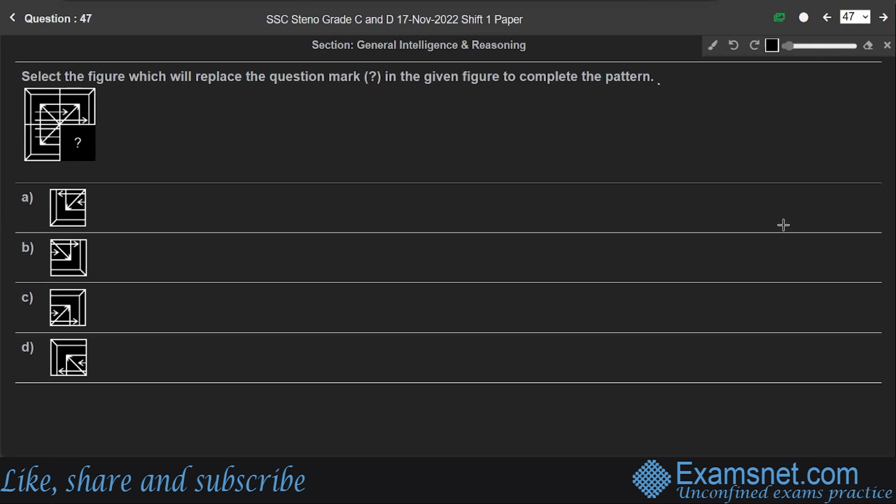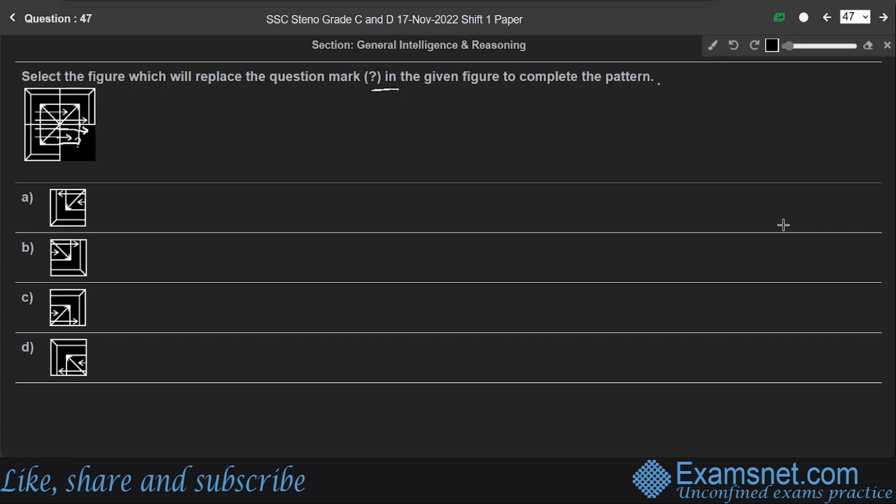Question 7. Select the figure which will replace the question mark in the given figure to complete the pattern. To complete the pattern, at the center, right, we have an arrow mark to complete that, and we have one more short arrow mark like this, right, complete that, and we have a squared portion, right?